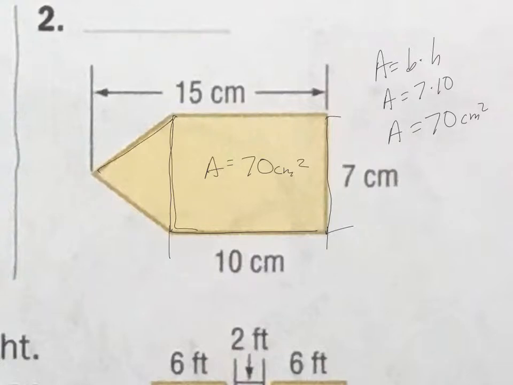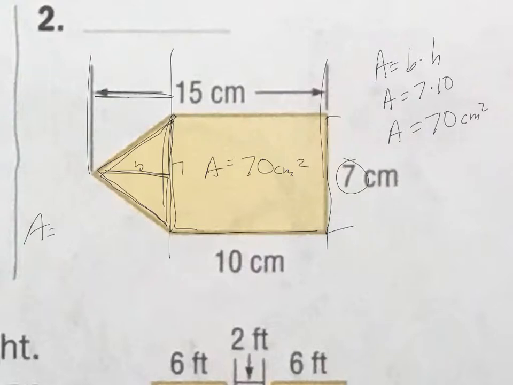But now I have this triangle here. And I know that the height of this triangle, if this is 15 from here to here, then this must be 5. So that's 5. And then the base is the same as this, 7. So the area of a triangle is area equals 1/2 times base times height.